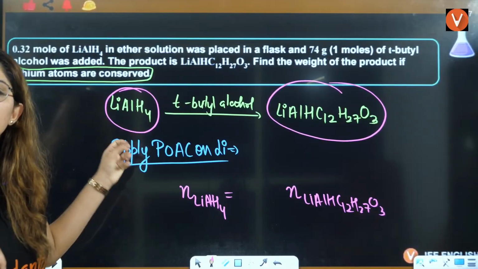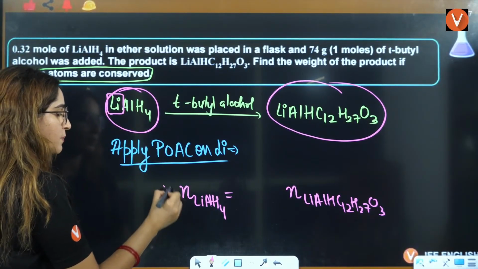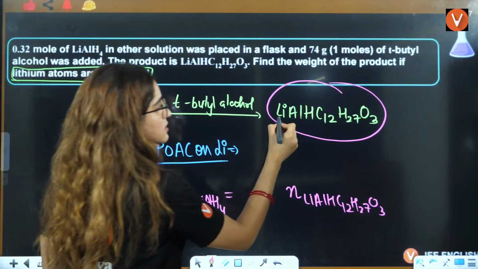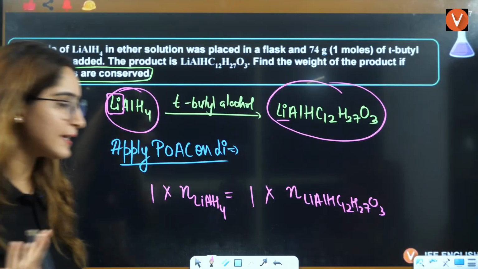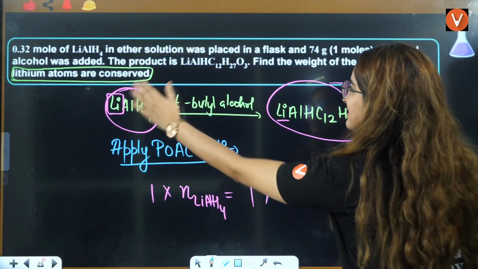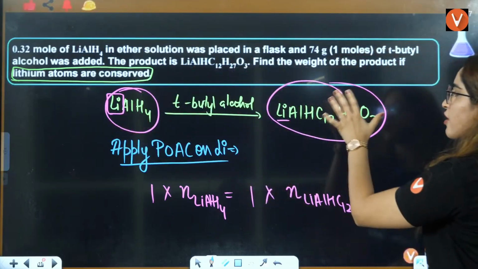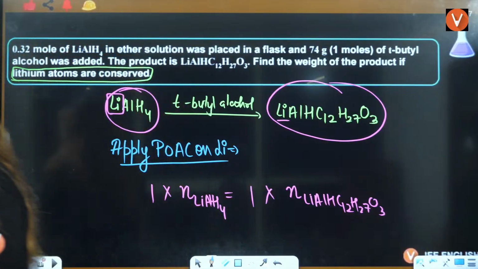Here, the number of lithium atoms in a molecule is 1, so it will be multiplied by 1. This is also 1, so this will also be multiplied by 1, right? That means the number of moles of this reactant is equal to the number of moles of this product by applying POAC, right?